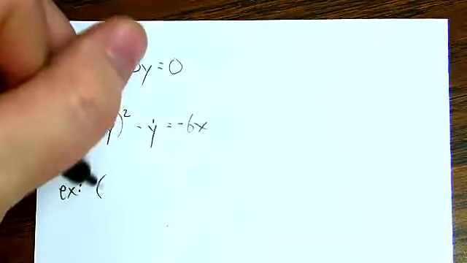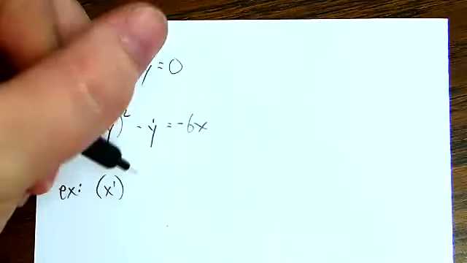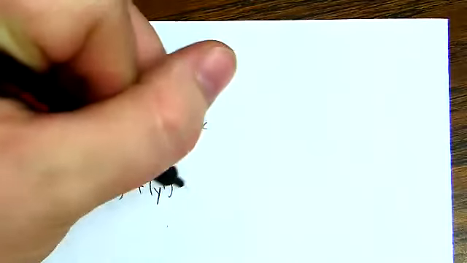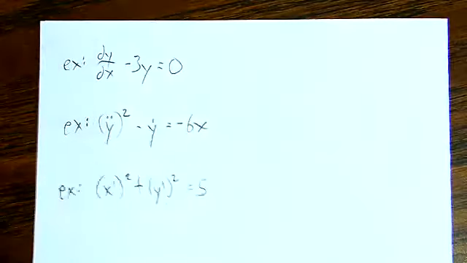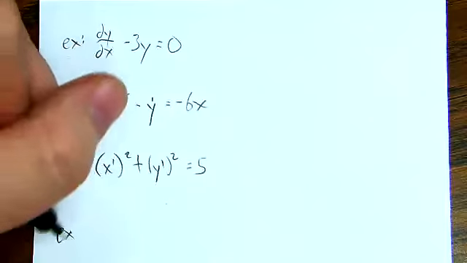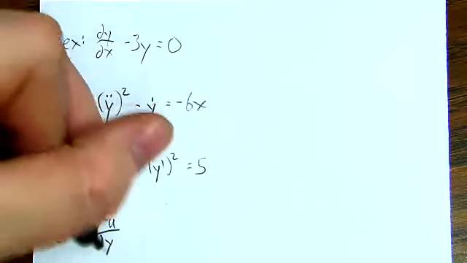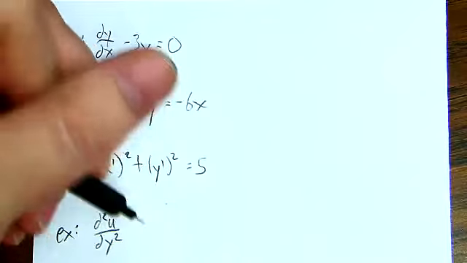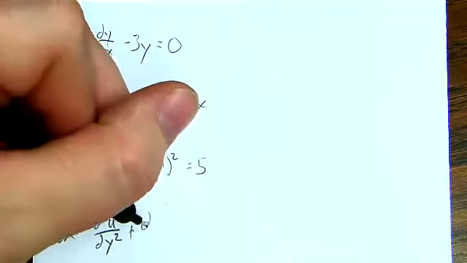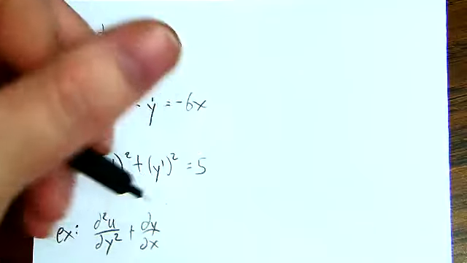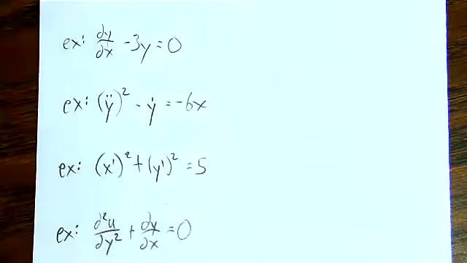Let's look at x prime squared plus y prime squared equals 5. And let's look at d squared u dy squared plus dy dx is equal to 0.